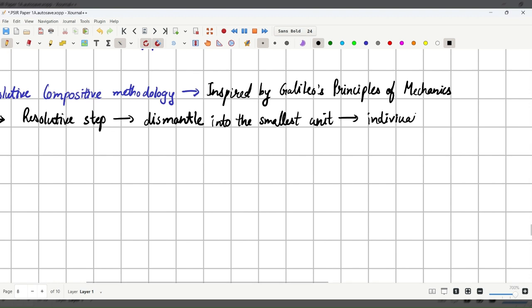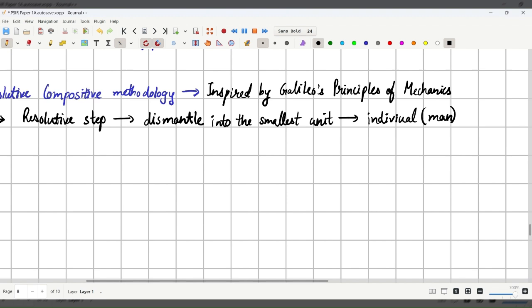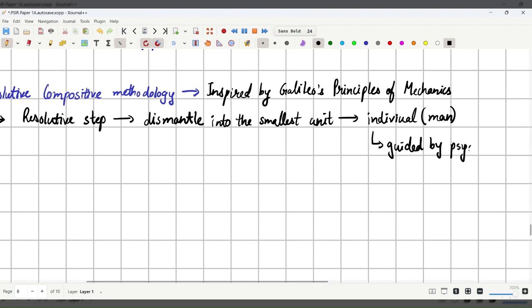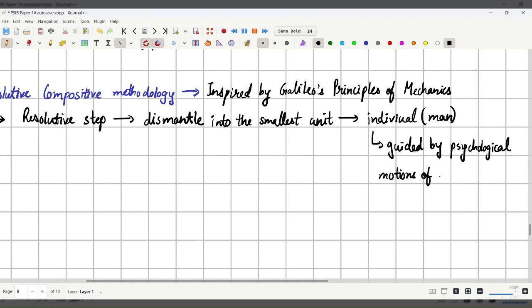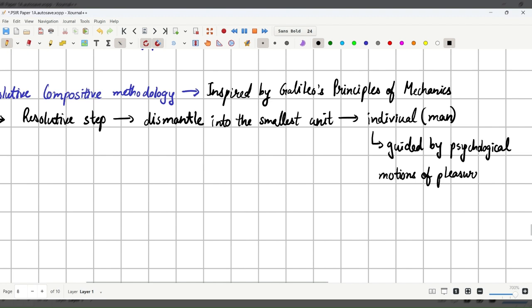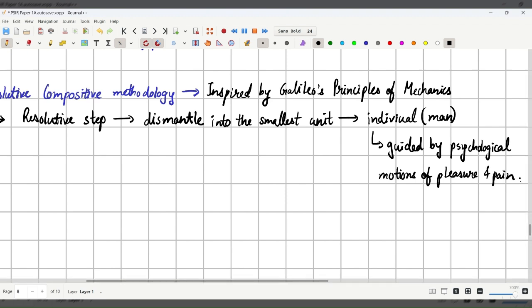And individuals or humans are guided by basic psychological motions of pleasure and pain. So he does this breakdown. Then the compositive step. So what is the compositive step?